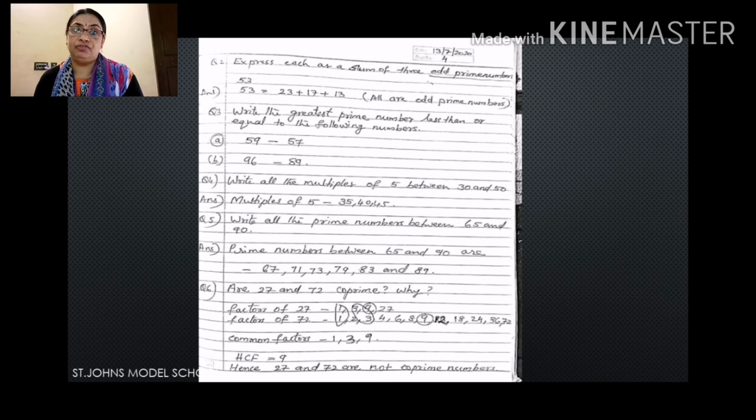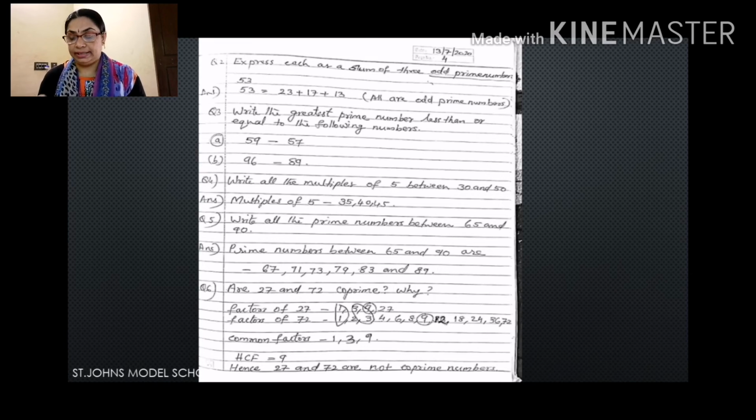In that, how to find out prime numbers from 1 to 100, the steps are given in the textbook. Go through those steps, and from that you can find out composite numbers and prime numbers. From that table you can find out 67, 71, 73, 79, 83 and 89 are the prime numbers lying between 65 and 90.